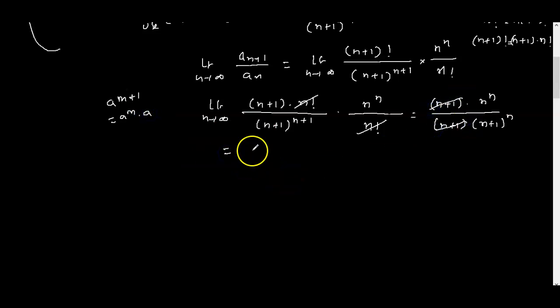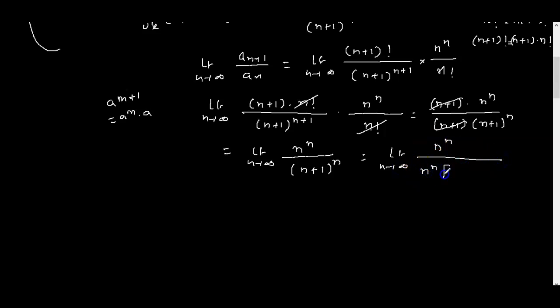So I can write limit of n tends to infinity, n to the power of n divided by (n plus 1) to the power of n. So I can take the maximum power outside here. This is n power n, and here if you take n power n common, we'll get (1 plus 1 by n) to the power of n.